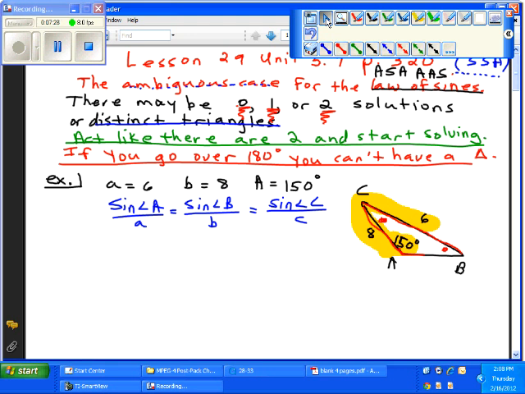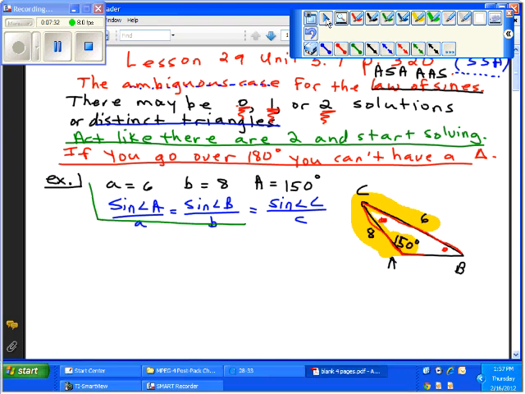So, since we're dealing with A stuff and B stuff, we're going to begin with this part of this ratio. So we're going to say sine A, sine of 150 degrees, over little a, 6, is equal to sine angle B, which we don't know, over little b, which is 8.